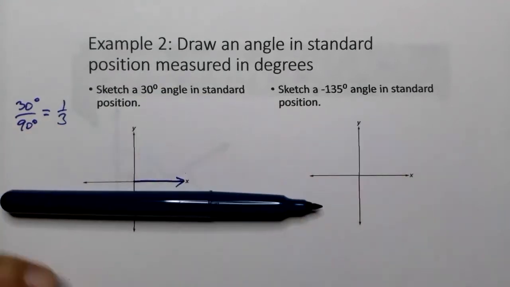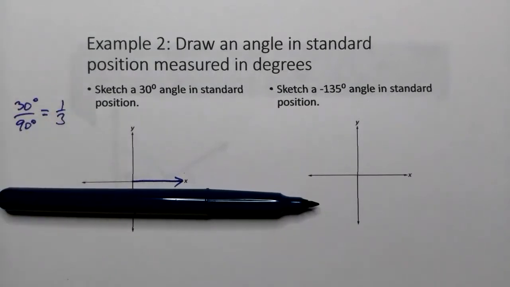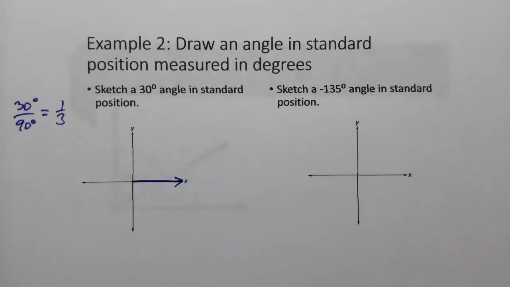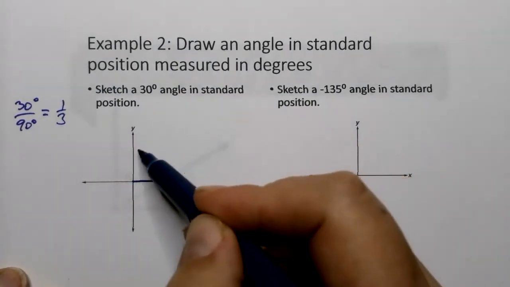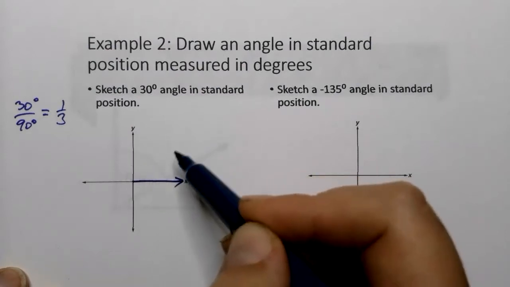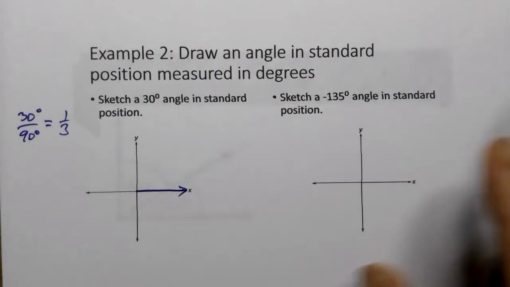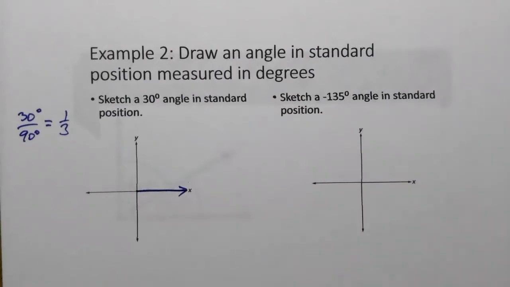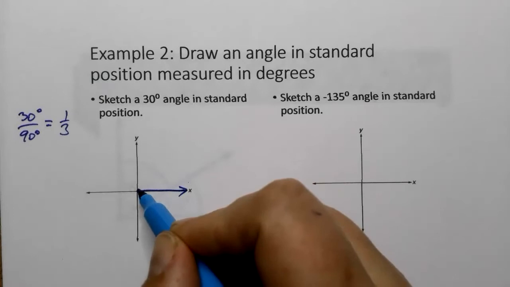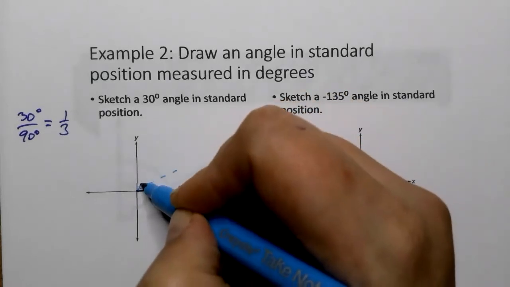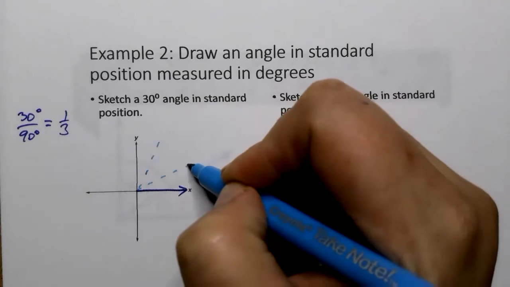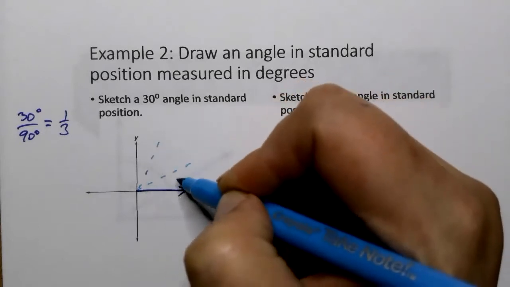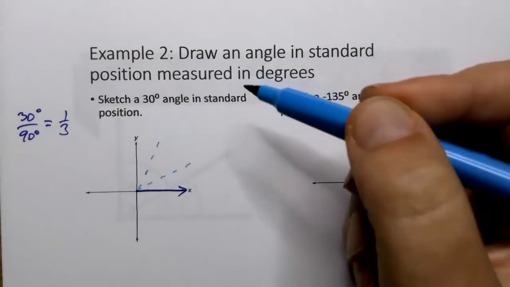There is a tool which helps you measure angles accurately, but if you just want to eyeball it, you would divide this 90-degree opening into three equal portions. So I would say this is one and this is another one. These rays would divide it equally.